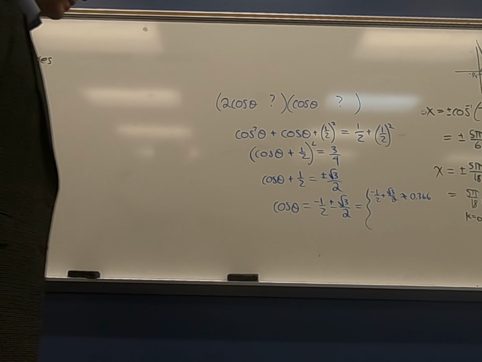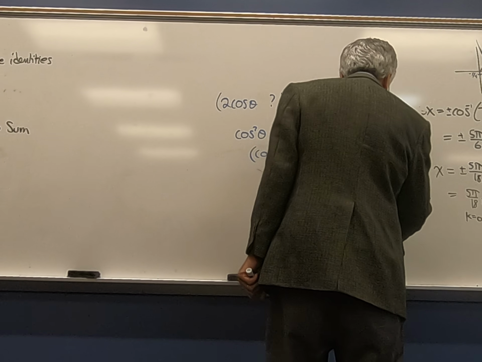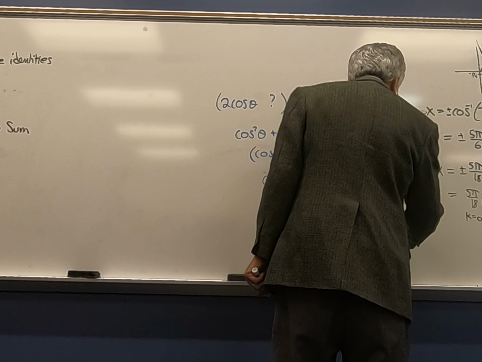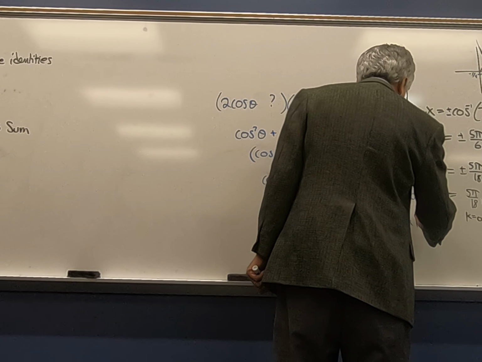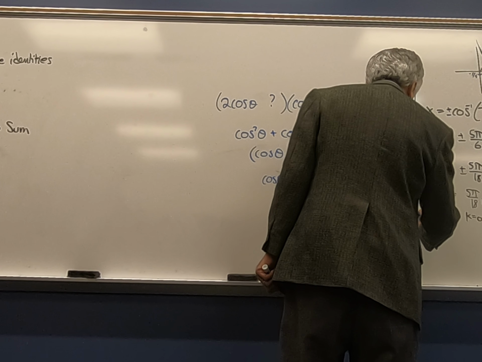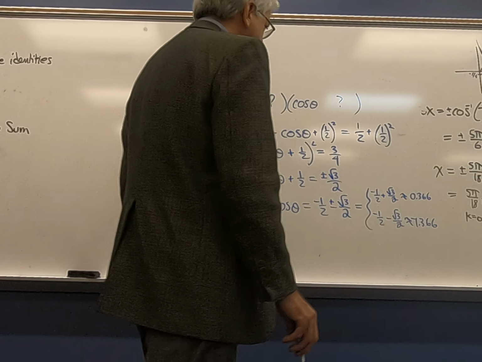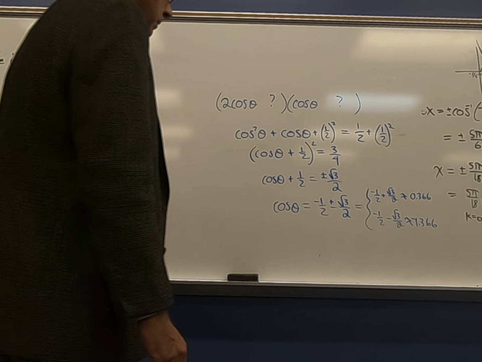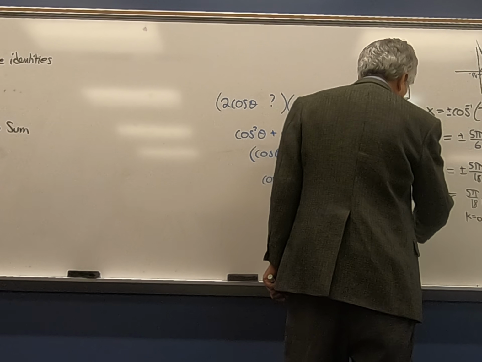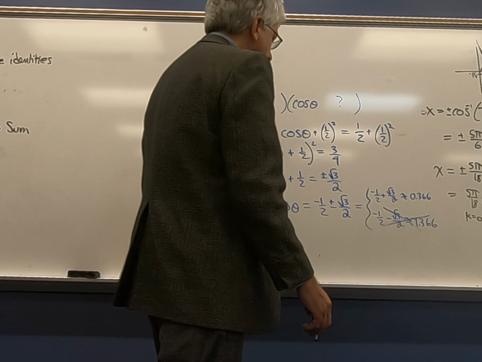That's a good value. What if we subtract? Well, then we get about -1.366, which is not a good value. So that's outside our range, right? So we throw that one back.